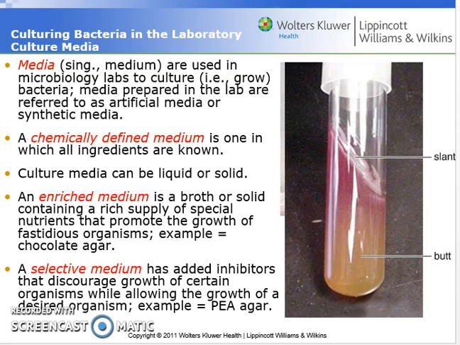Some other things are things like MacConkey agar or eosine methylene blue agar. In these particular agars, they contain certain dyes that will inhibit the growth of gram-positive bacteria, which enhances the growth of gram-negative bacteria, and that makes the medium very selective. So if the medium is selecting for a specific group or a specific organism, then we refer to it as a selective media.